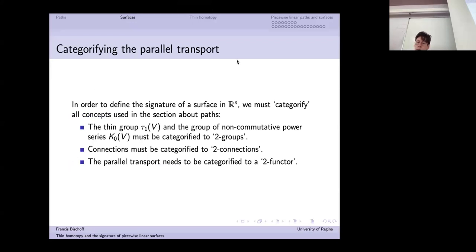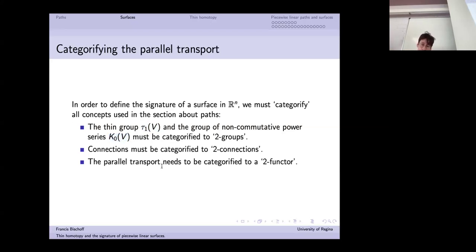And in order to do that, we have to categorify all the concepts that came up when studying paths. So this thin group, as well as the group of non-commutative power series, they both need to be promoted or categorified to two groups. Connections need to be categorified to two connections. And the parallel transport needs to be categorified to a two-functor, or a homomorphism between two groups.